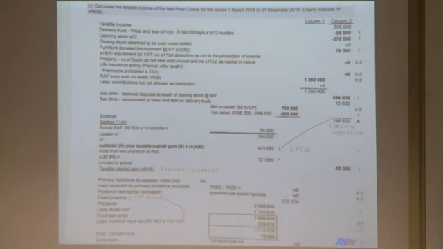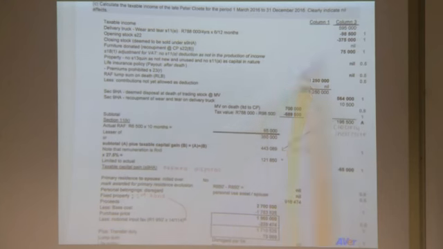You had to deduct that 375,000. And then the furniture that he donated, remember, that's again a change in use of your trading stock. So there's a section 22(8) recoupment, and you include that at the cost price into your taxable income.